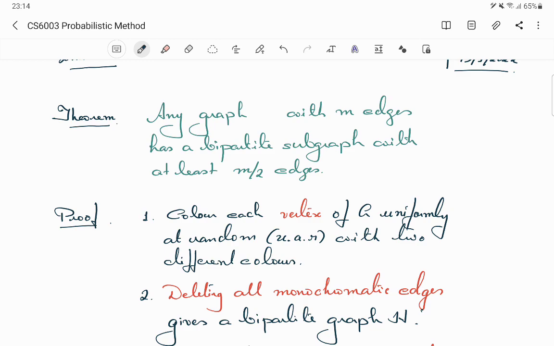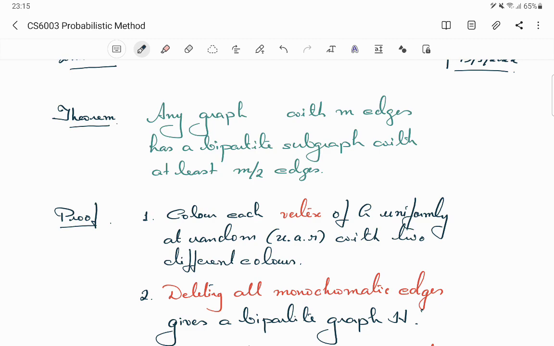In fact, we are going to pick every vertex and toss a fair coin, which means with probability half it will come head and with probability half it will come tail. If it comes head, let's say we give it color 1, red, and if it's tail, then we give it color 2, let's say blue.